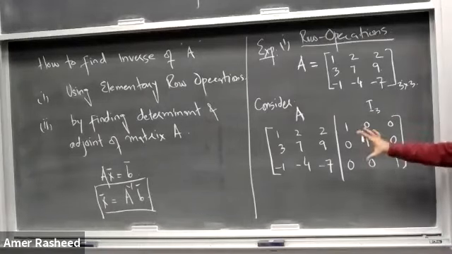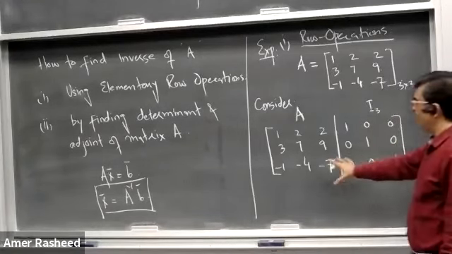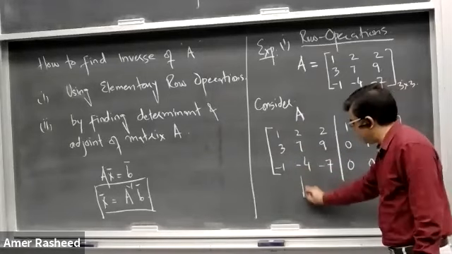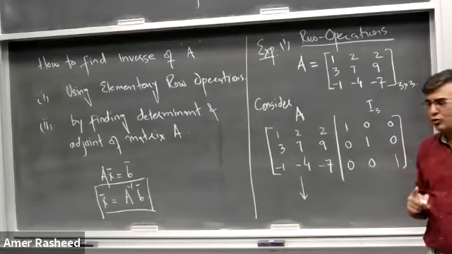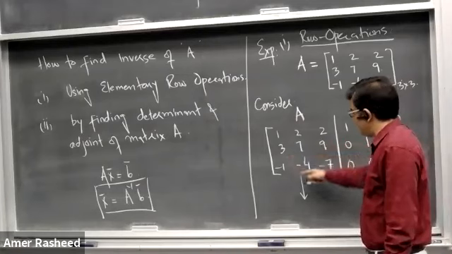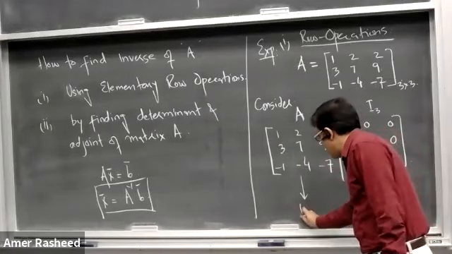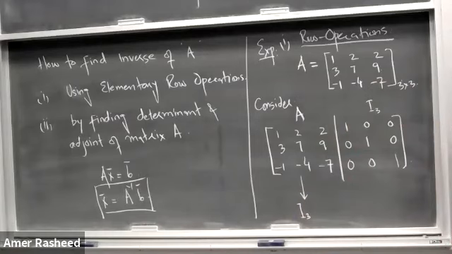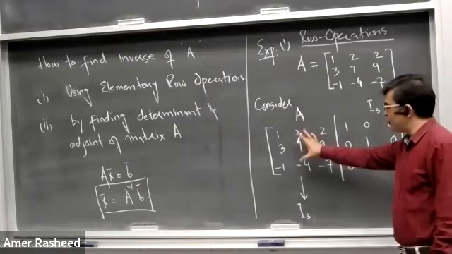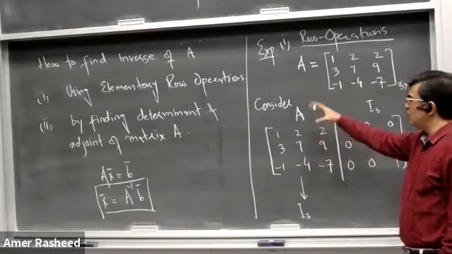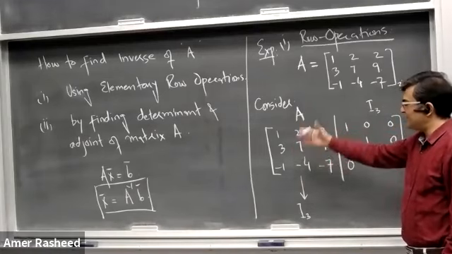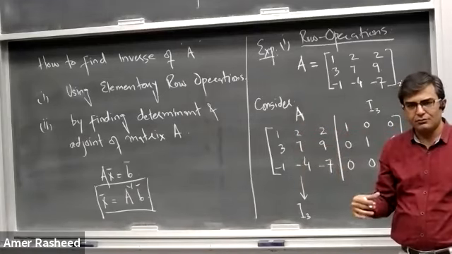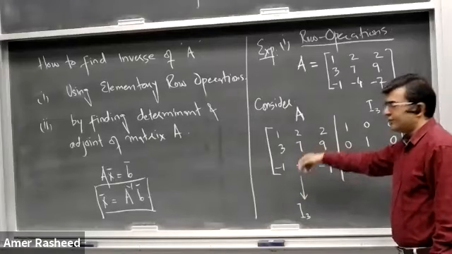Now, after writing this matrix, you try to convert it using elementary row operations. You try to reduce this matrix into the identity matrix of order 3 by using elementary row operations. You are going to transform this matrix into reduced echelon form, which I hope you know.